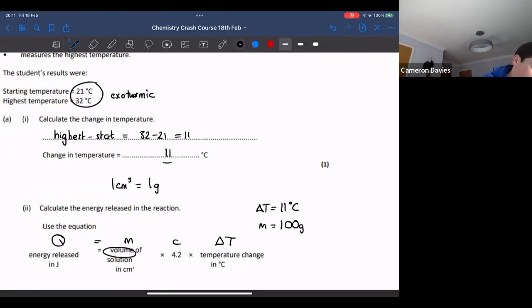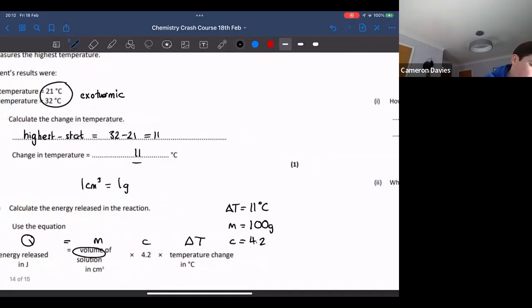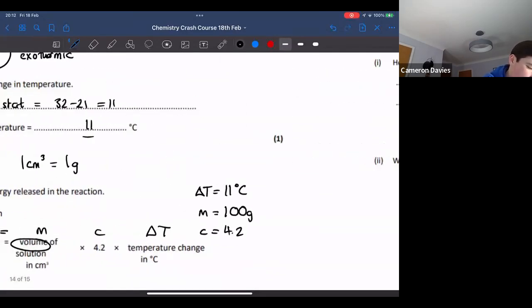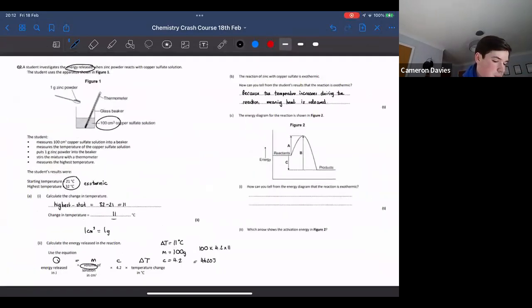And we have been told that C, which is our specific heat capacity, is, sorry, not 11, 4.2. So it's quite a simple equation. We're just going to do mass times C times delta T. So 100 times 4.2 times 11, and that should give you 4,620 joules. And that will give you 2 marks.